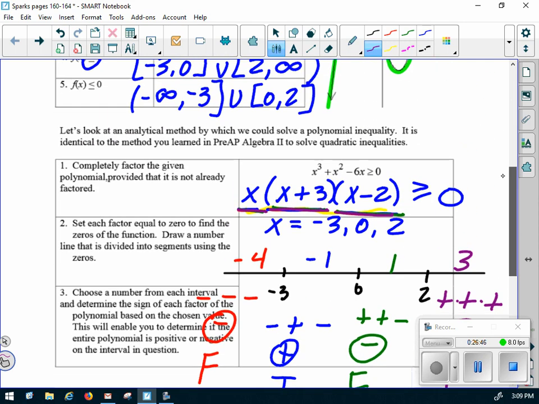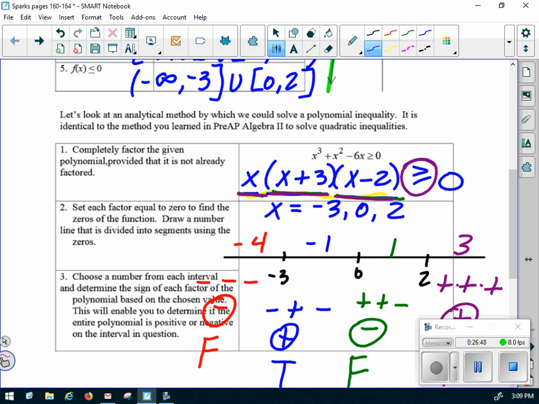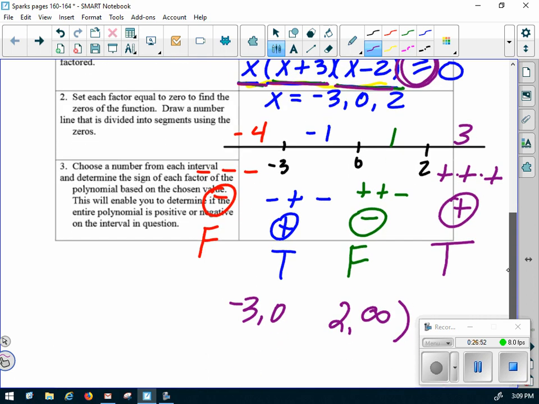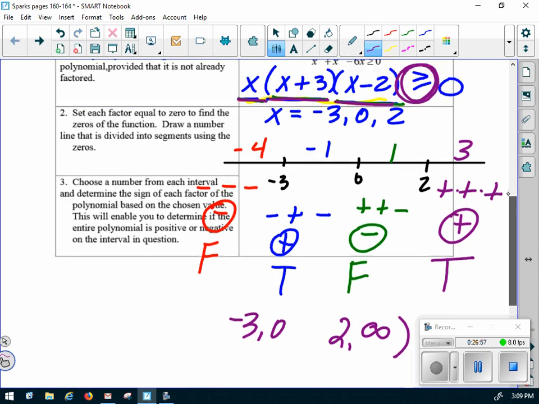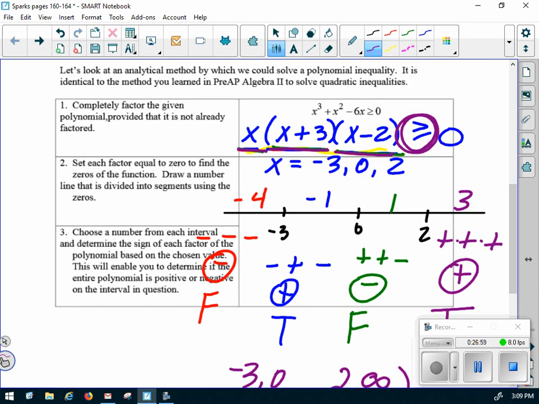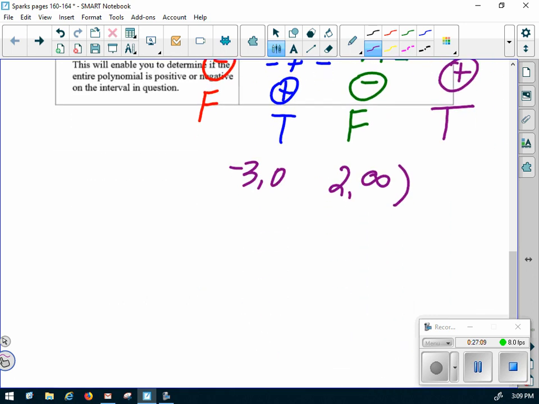Keep in mind, what did you highlight right here? Or equal. I found the greater than parts. What about equal to? Don't all of these three numbers make that thing equal to 0? Yeah.